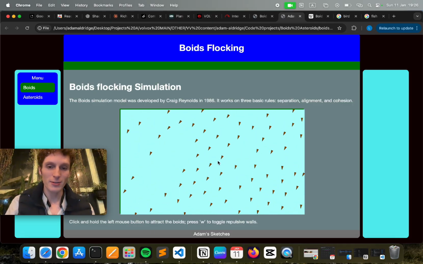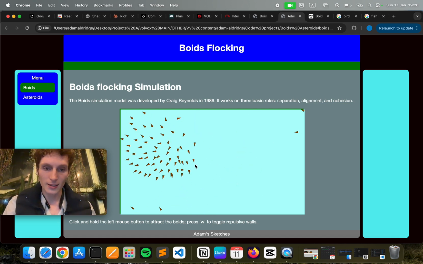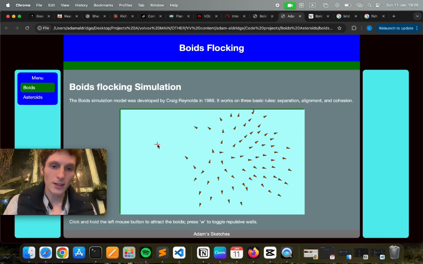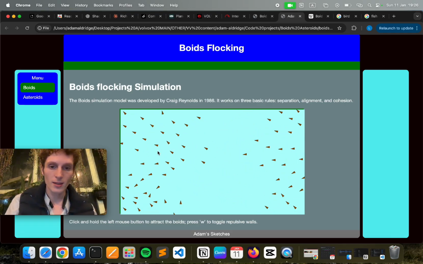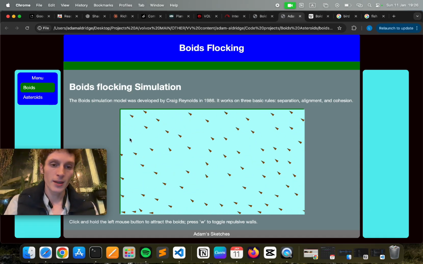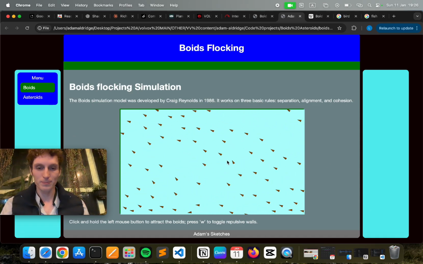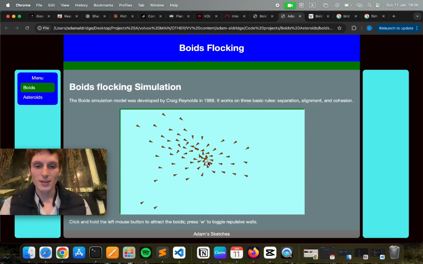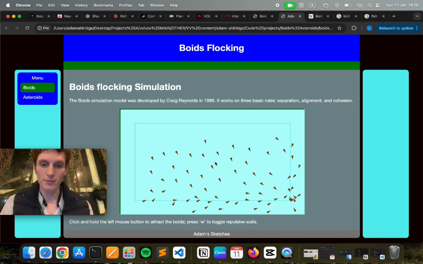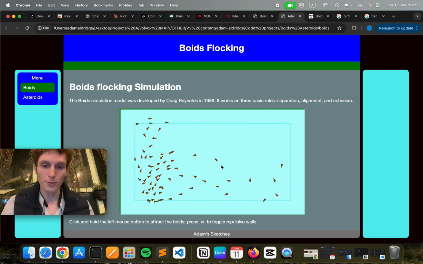I did this from scratch with p5.js, and you can see that the agents are moving around, and when you click they go towards the cursor. At the moment there are toroidal boundary conditions, which just means that when they go off one side they come back in the other side, the opposite side. And then if I press W, it makes repulsive boundaries, so they get boxed in with some forcing.